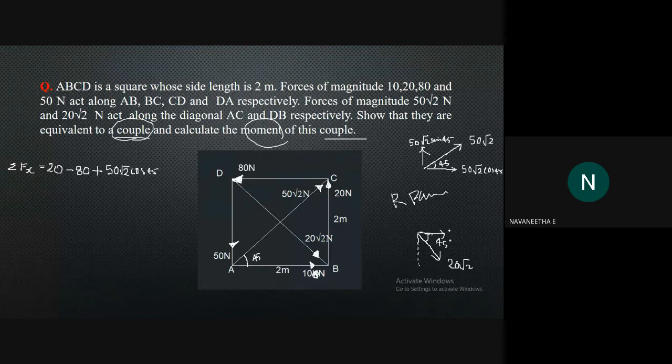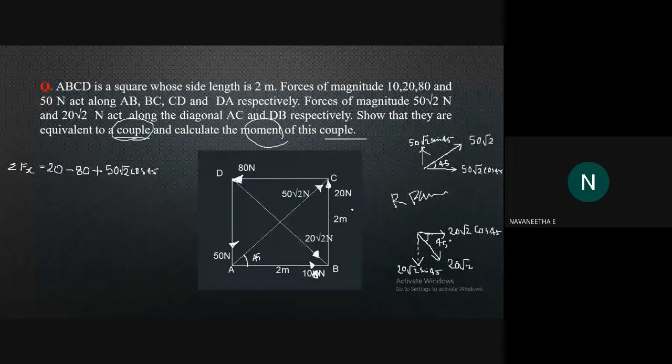So the components are 20 root 2 cos 45, and the y component is 20 root 2 sin 45. Sin 45 and cos 45 are the same. Here we have to consider the x component. It is acting in the right hand direction, so it is positive. So here you can put the value 20 root 2 cos 45.